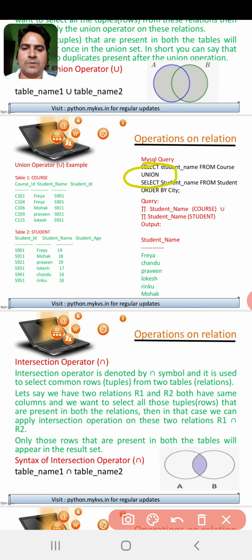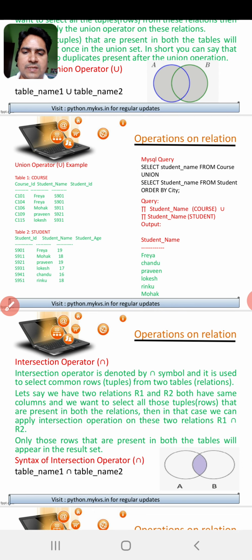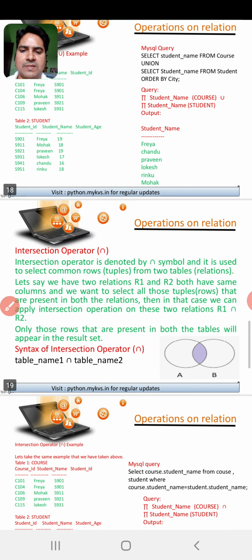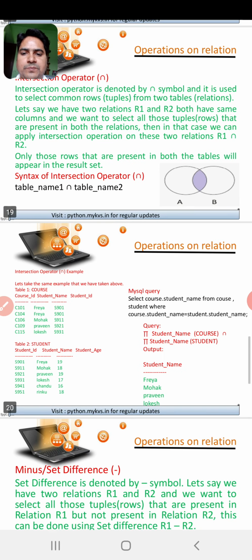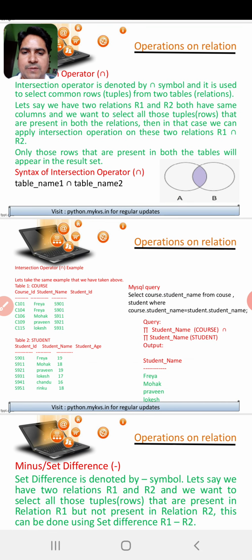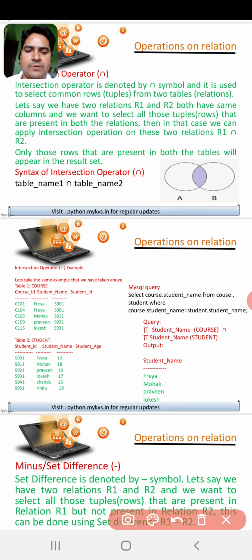Now we will move to the next, intersection. Intersection, as I have already discussed, is nothing but taking the common values from both the tables. Similarly, intersection can be performed on the same two tables. Pi student name, here you can see relational query here.